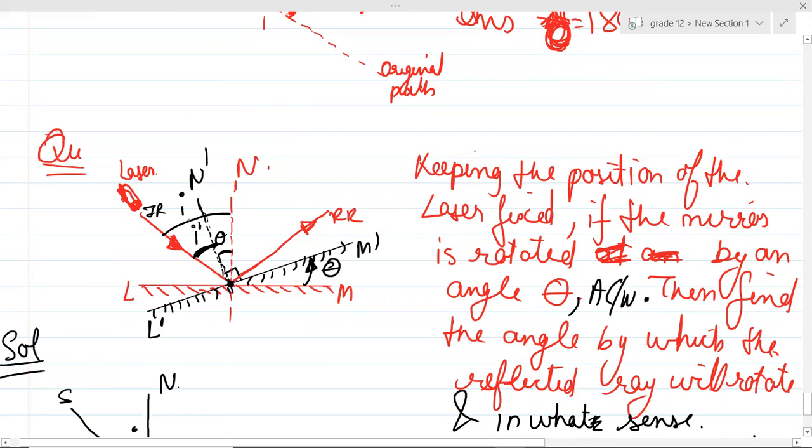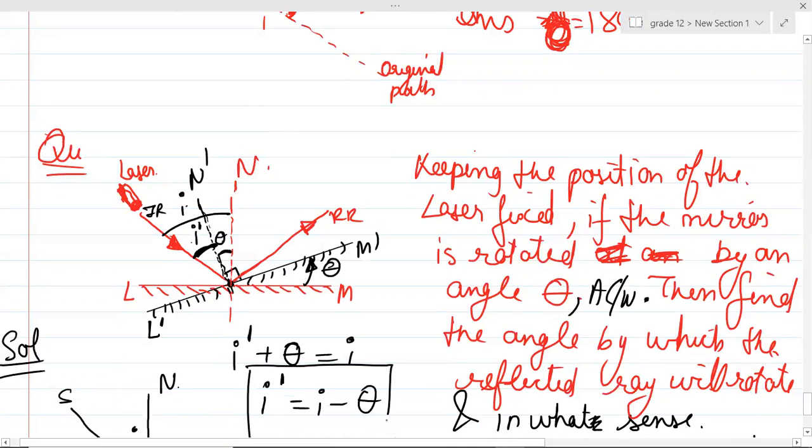So can you give me a relationship between I, theta and I dash? I minus theta will be I dash. So I dash plus theta is equal to I, and I dash will be equal to I minus theta. So the new angle of incidence is basically I minus theta, right?